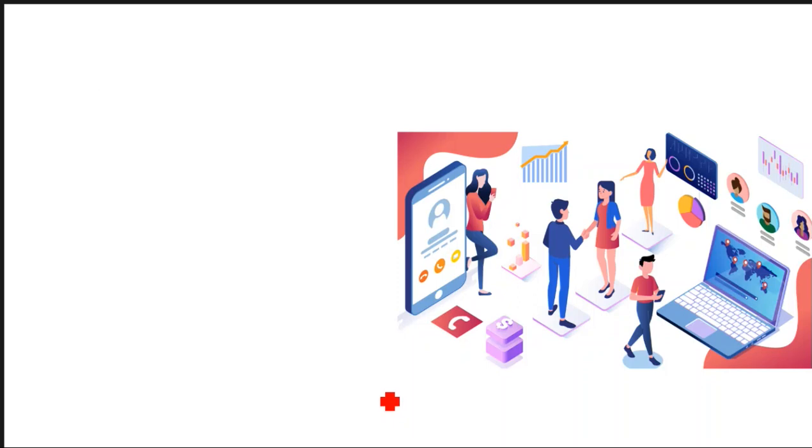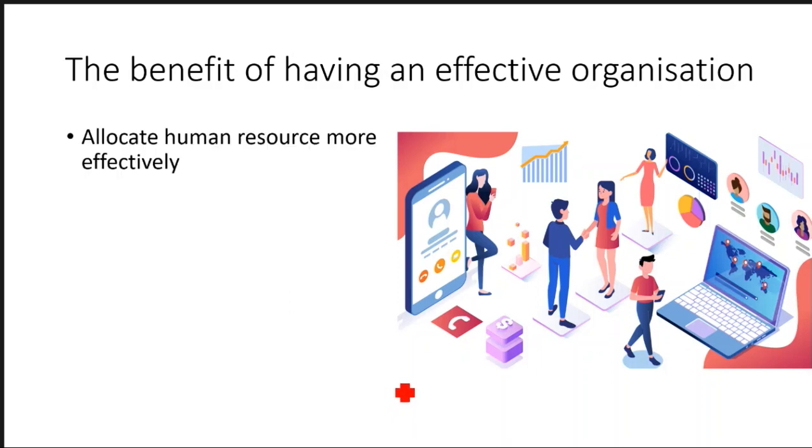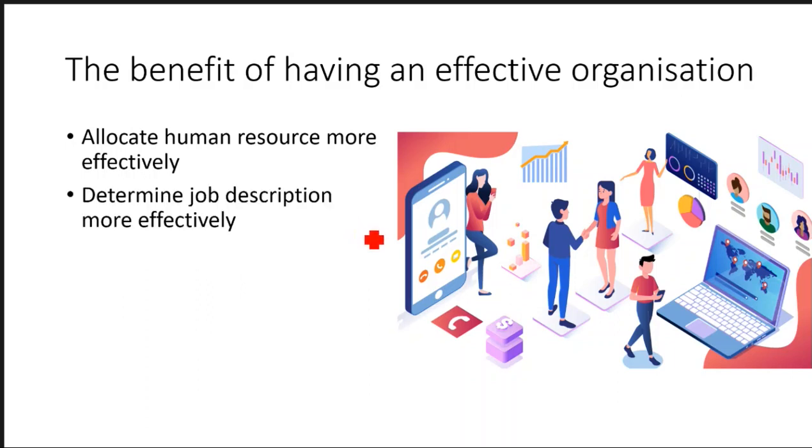And what are the benefits of having an effective organization? The first common benefit is that the organization can allocate human resources more effectively. Next, it can determine job descriptions more effectively. By doing this, they will have better performance management, because everyone will be working in their own division, which makes performance better.